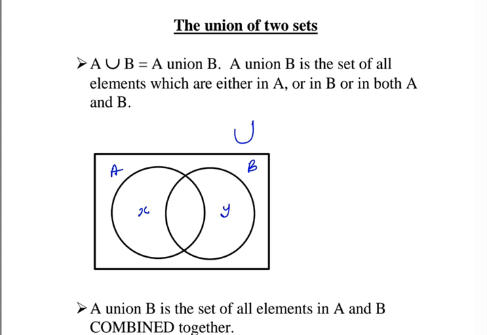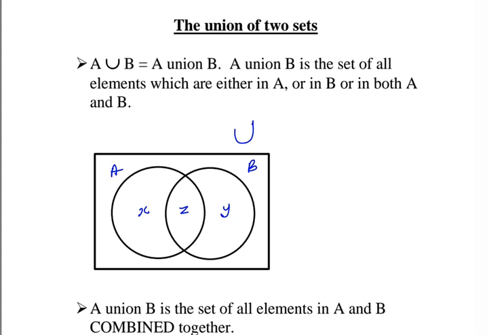B. And the element Z is in both A and B. So anything within the A circle is in A. Anything within the B circle is in what? B. A and B overlap, and Z is in the region where A and B overlap. So X is in A, Y is in B, and Z is in both A and B.